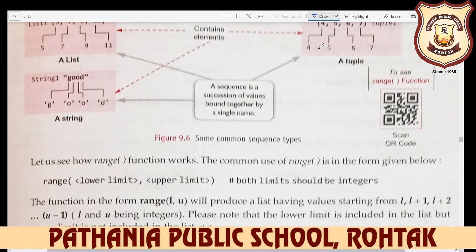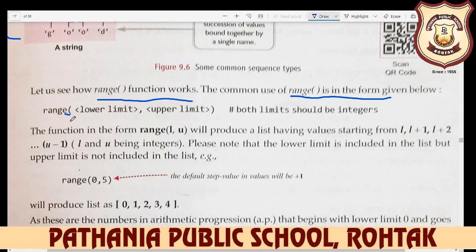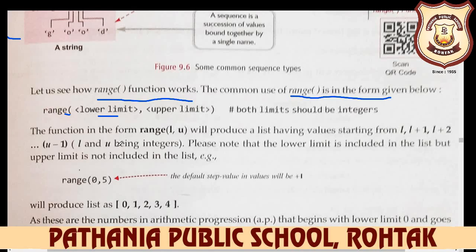So how does the range function work? The common use of range is in the form given below. Range is the name of the function. Then the lower limit, for example, my lower limit is 0, or my lower limit is starting from 1. And if we want to write down the table of 2, then my starting and lower limit is 2. But if we want to write down the table of 5, then my lower limit is 5 here.